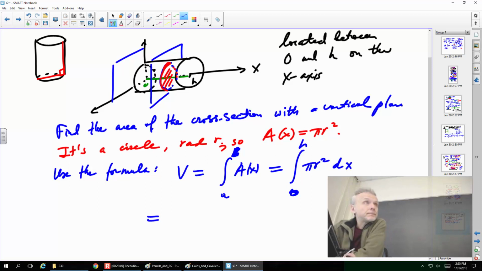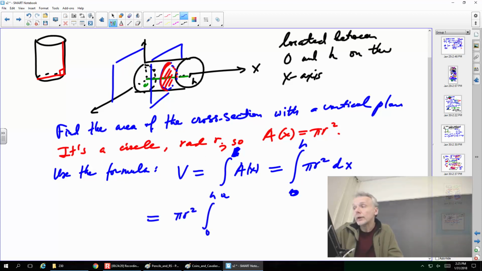So what's the answer? What do you want, 1/3? No. R does not depend on x, so it is a constant function. How do we integrate constant functions? It's just pi r squared.